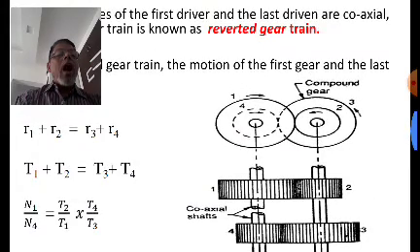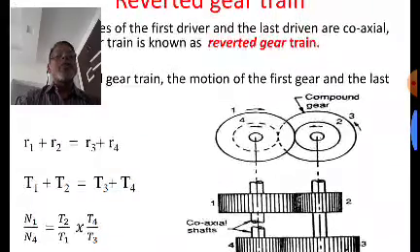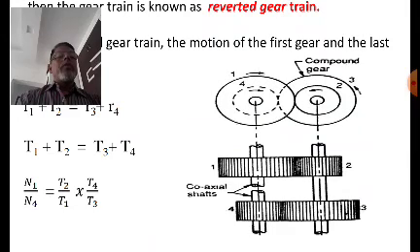So you can see the distance between the two axes is the same. Therefore the pitch circle radius of gear 1 plus the pitch circle radius of gear 2 is equal to the pitch circle radius of gear 3 plus the pitch circle radius of gear 4. That means R1 plus R2 is equal to R3 plus R4. Now, you know R is generally M into T divided by 2, right?